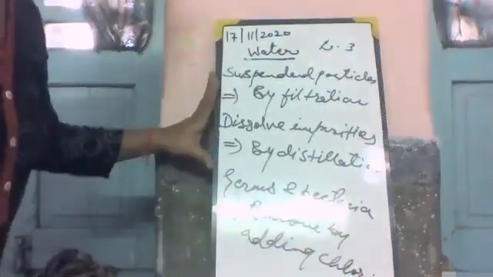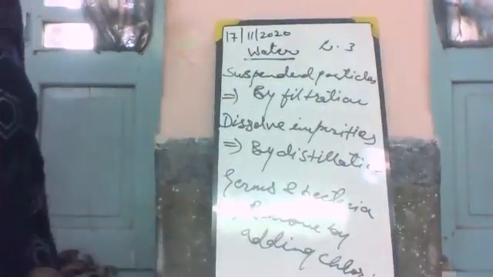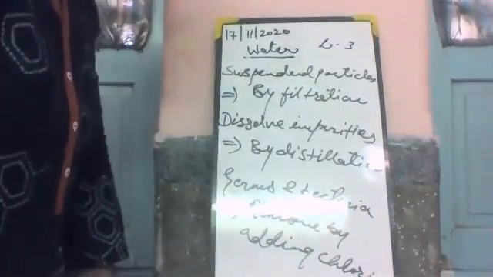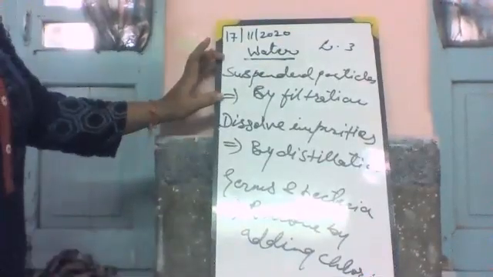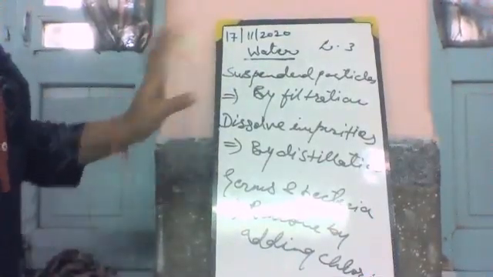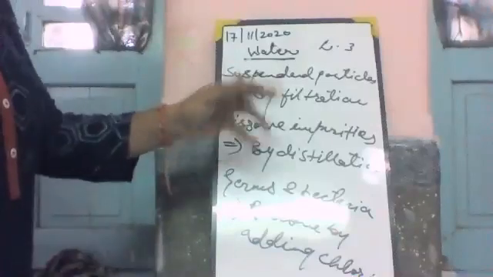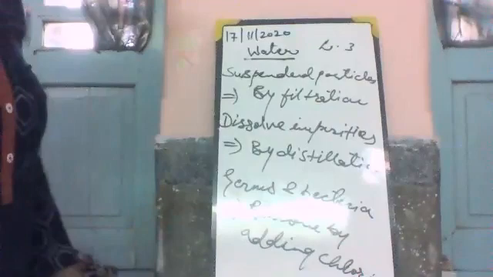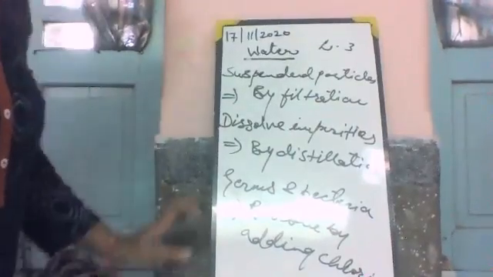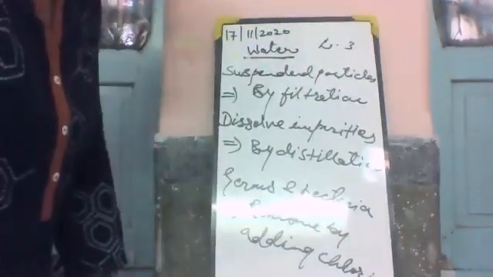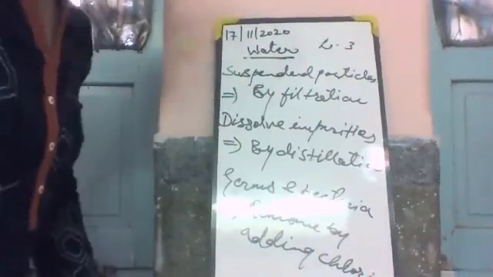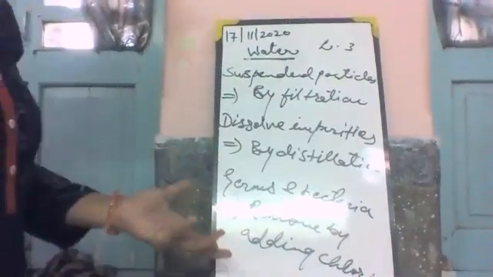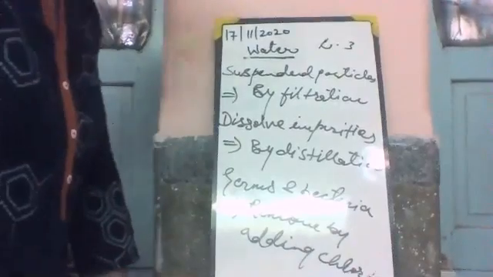This is how we can purify the water: suspended particles by filtration, dissolved impurities by distillation, and germs and bacteria by adding a calculated amount of chlorine.